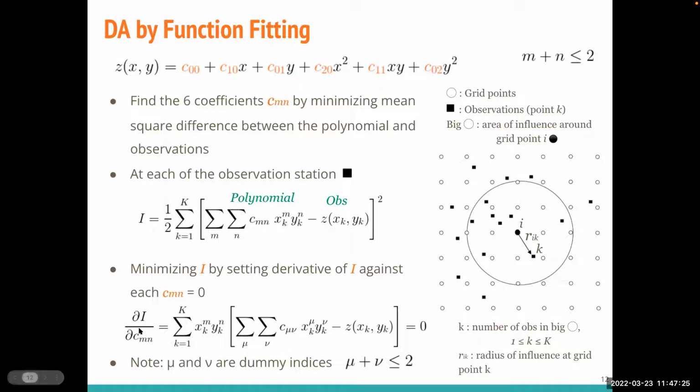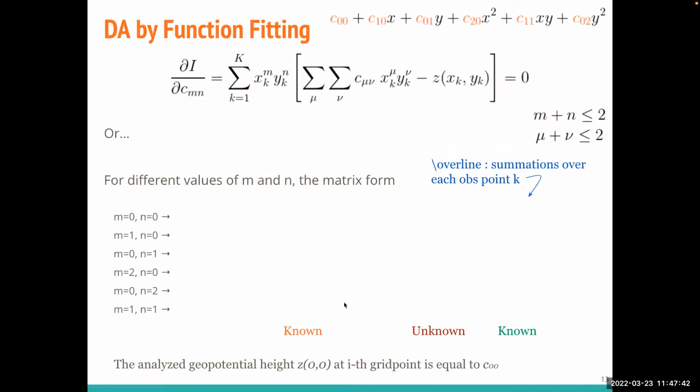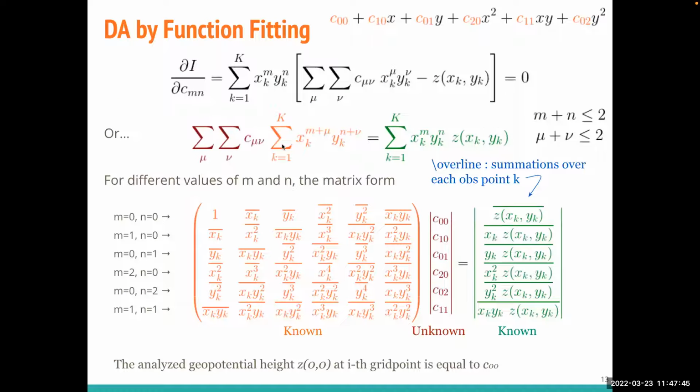We have 6, so we just differentiate this over each of the C, and then you get this. We set this to 0 because we want I to be minimum. It's a pretty standard statistical procedure to find the coefficients.